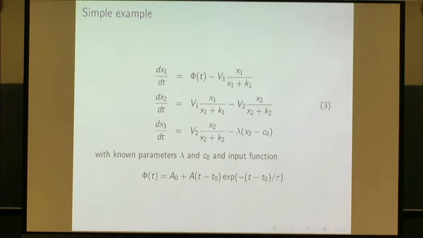Then the question is, how well is this method working? We have a simple example here. It has a nice property that we control everything, so we know what the solution should be, as opposed to the real example with real data where nobody knows what the solution is. But this is a sort of realistic-like problem.